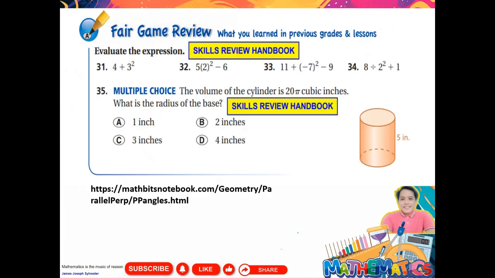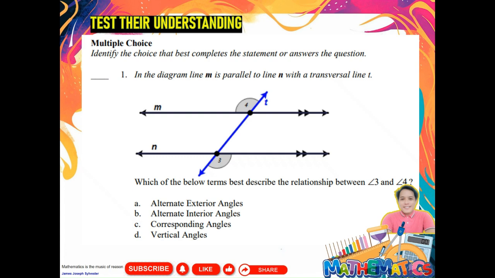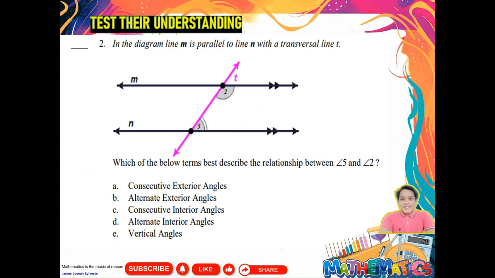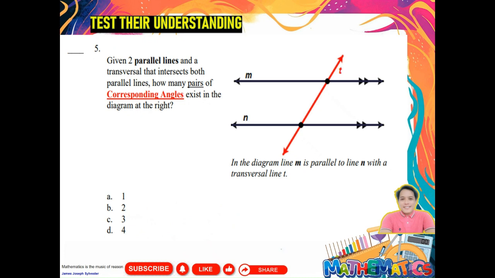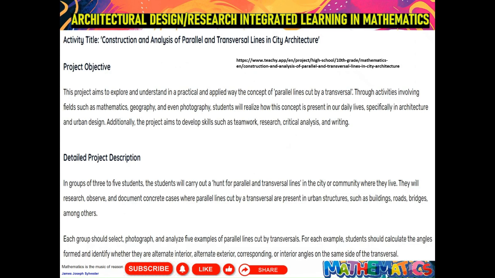Then pair team review. They can evaluate the expression and solve the volume of the cylinder. Then test their understanding. We prepare 5 multiple choice statements to apply or recall what they understand about parallel lines cut by a transversal.